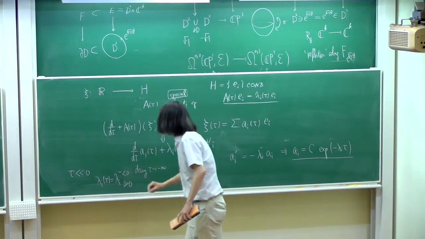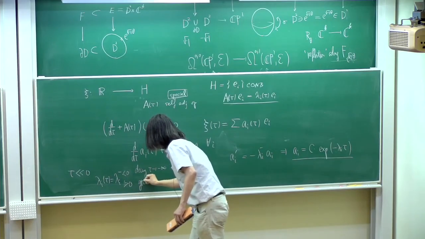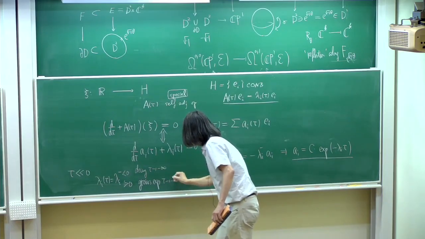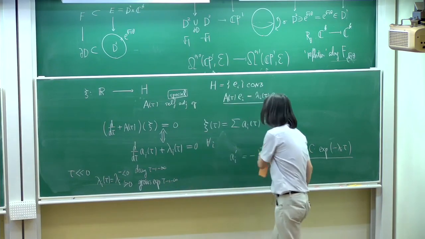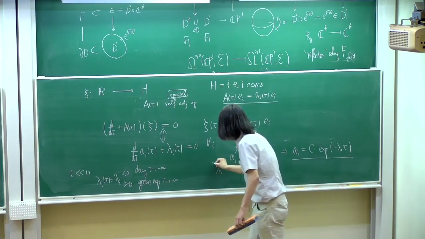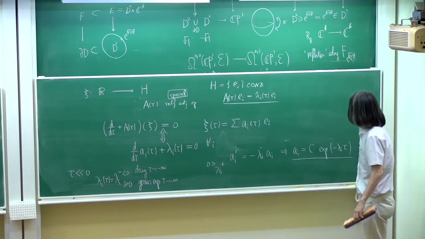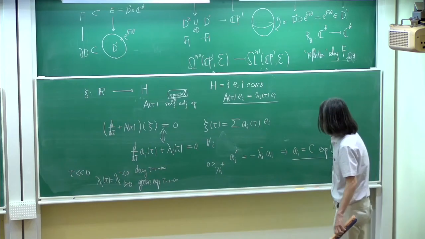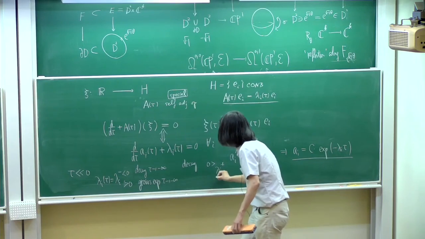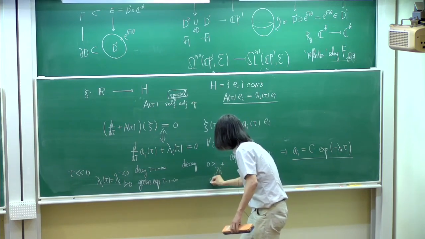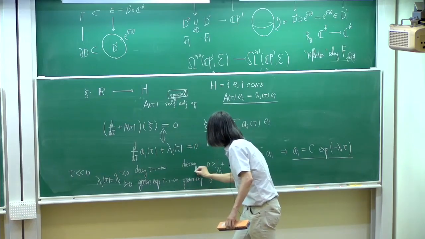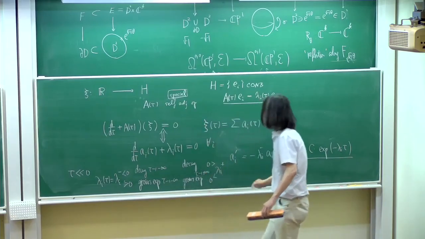But if it is positive, then it actually grows exponentially as tau goes to minus infinity. And the opposite thing is true for this. So lambda_i plus here. And if this one is negative, then it decays. But if this one is positive, then it grows exponentially, right? As tau goes to plus infinity.